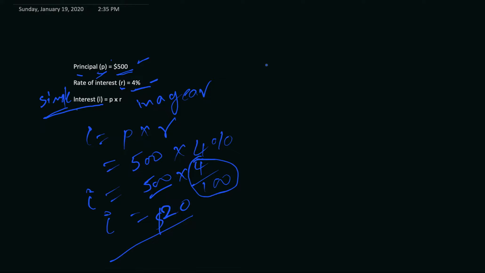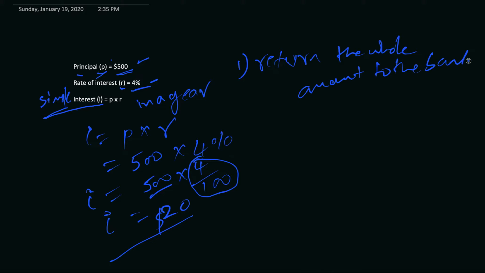So let's say we borrowed money from a bank. After 1 year we have to return the whole amount to the bank. And what do I mean by whole amount?